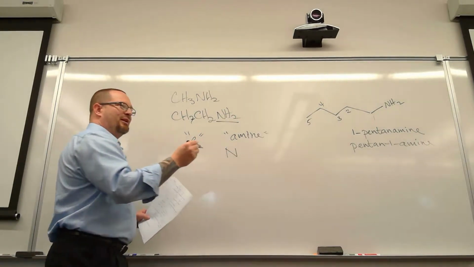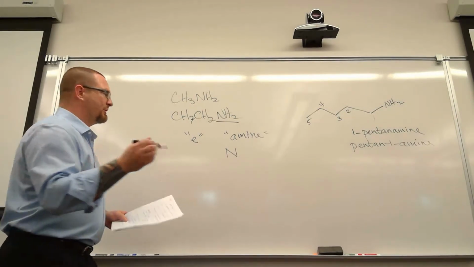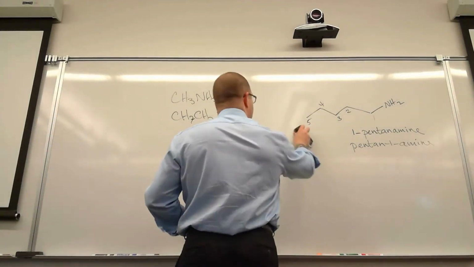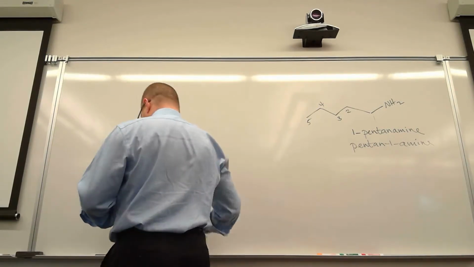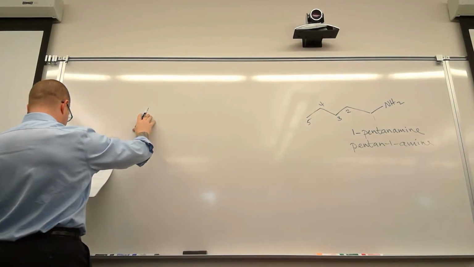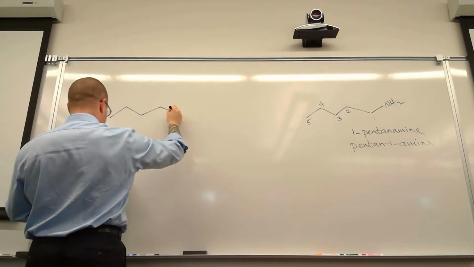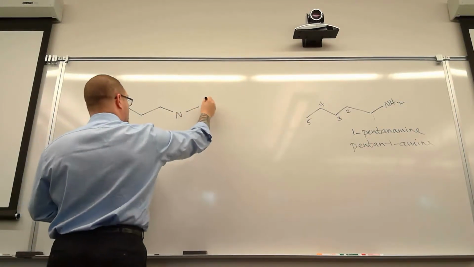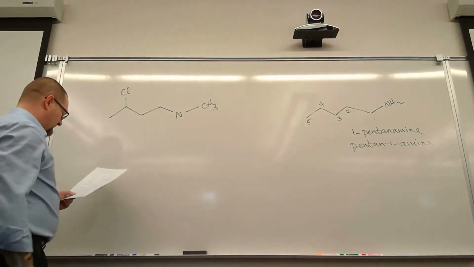Instead of numbering it, we put an N in there to say that we have things bound to it. So let's take a look at that. Let's say we've got this.